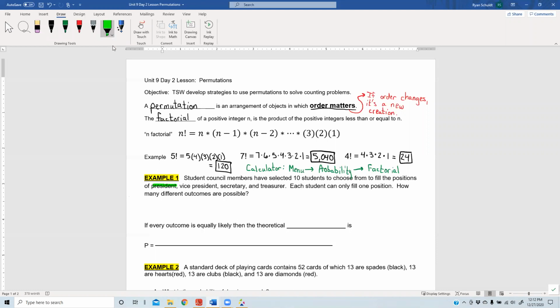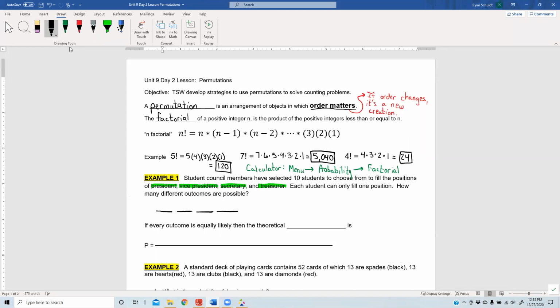There's president, that's 1. Vice president is 2. Secretary is 3. Treasurer is 4. So let's draw 4 blanks down here because there's 4 different offices we're filling. 1, 2, 3, 4. Okay.